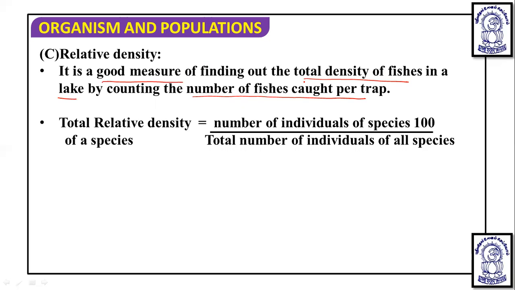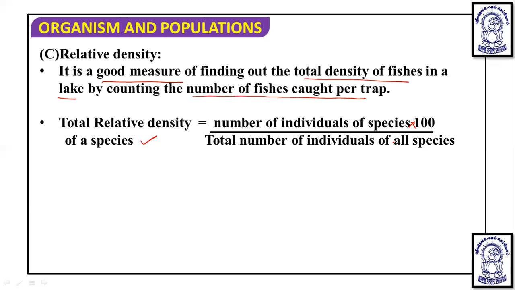If you take an example, the relative density is a good measure for finding out the total density of fishes in a lake by counting the number of fishes caught per trap. So the relative density of a species is the number of individuals of a species into 100 upon the total number of individuals of all species.